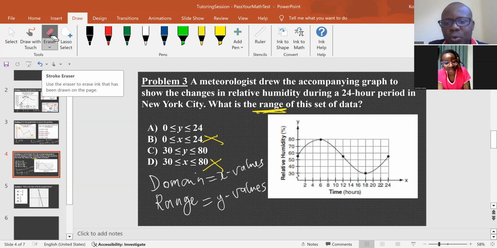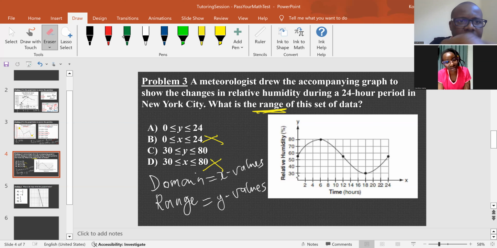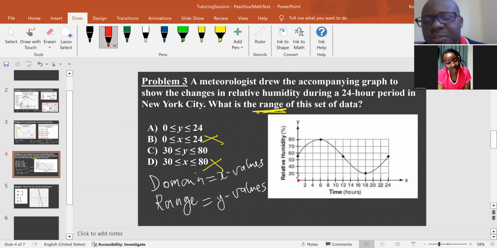X values are 2, 4, 6, 8, 10, 12, to 24. In this corner here, let's highlight, here is a 0. The origin is 0. So we want to know the height of our graph, the lowest value and the highest value.